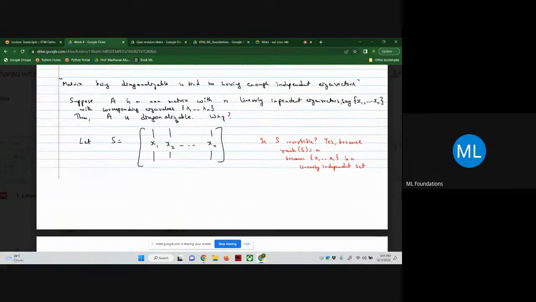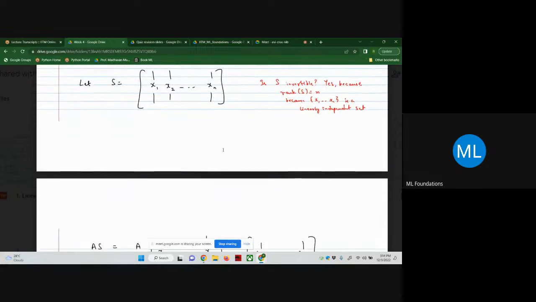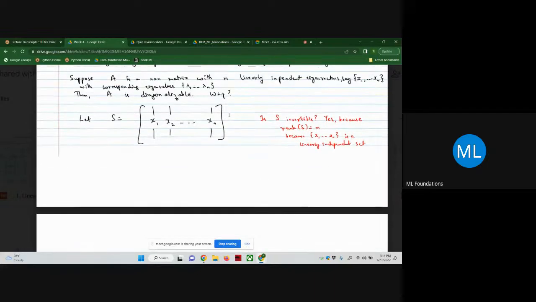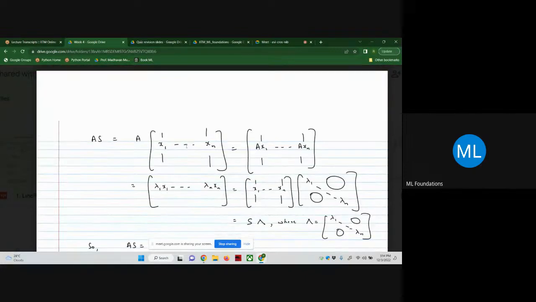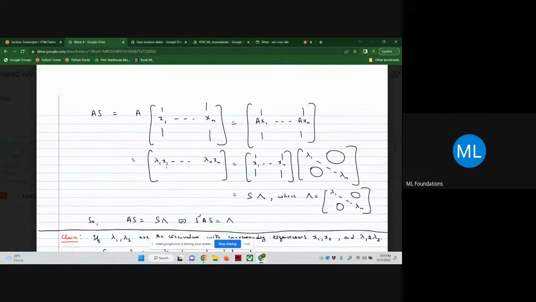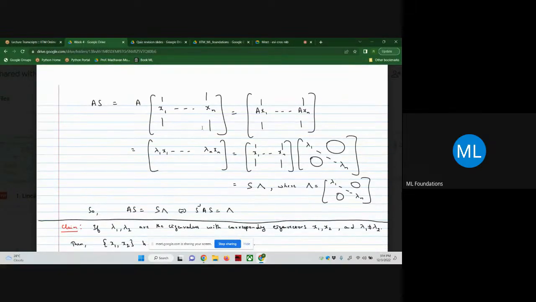See, the way you can think of it is, we know that if the n cross n matrix has n linearly independent eigenvectors, then the matrix you form using them, S, is going to be invertible, because its rank is going to be equal to n. Then we did AS: AX1 is lambda 1 x1, similarly AXN is lambda n xn, and this can be rewritten as x1 to xn multiplied by this diagonal matrix.